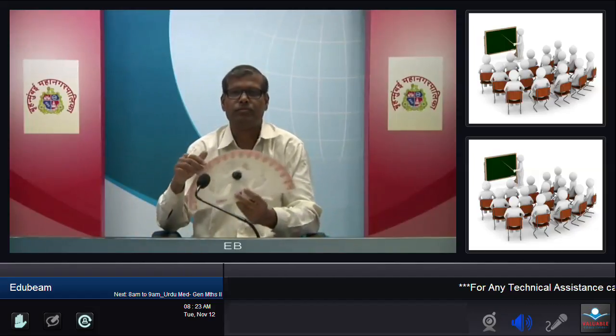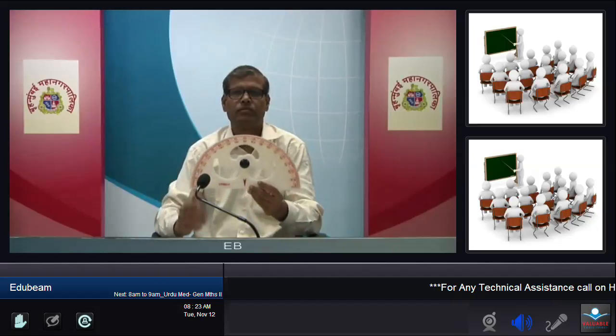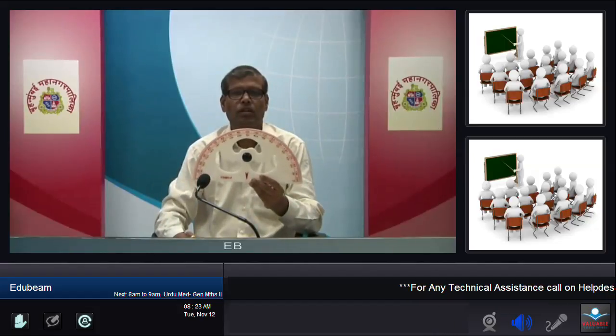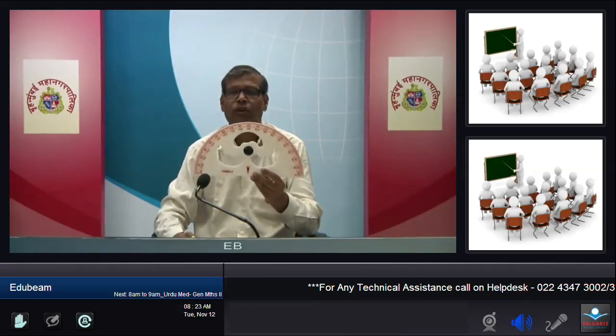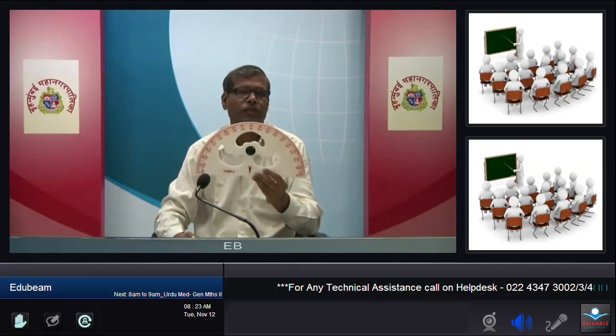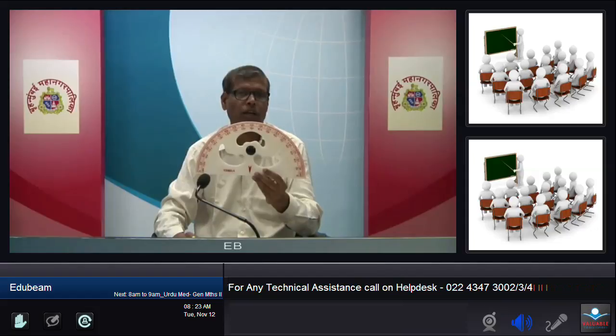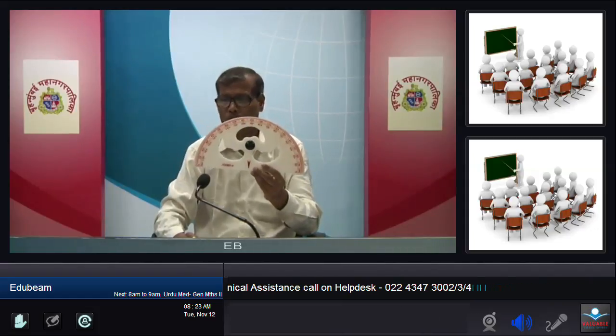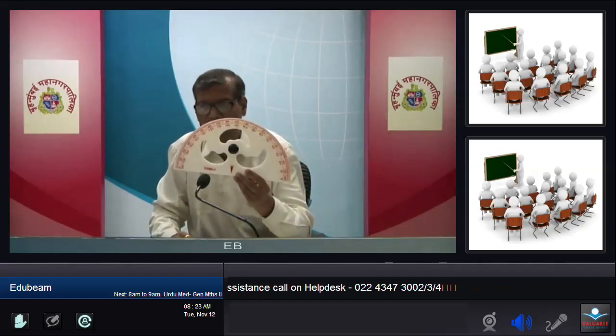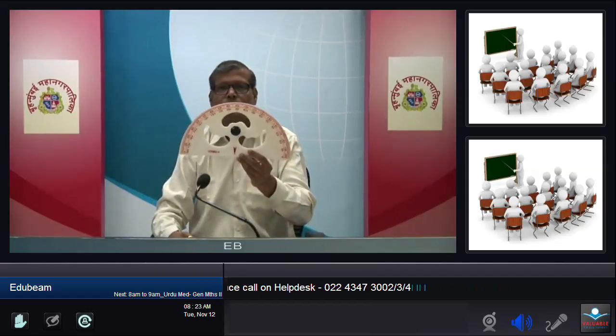The fourth and the fifth instrument what you are going to use is the set square. Basically set square is of two types. One is the 45, 90 and 45 angle set square. One more is there, you have a 30, 60, 90 set square.